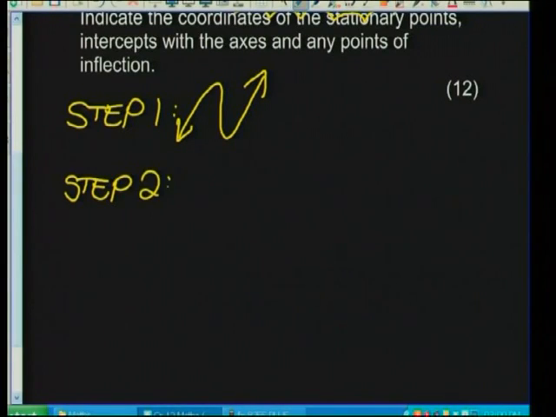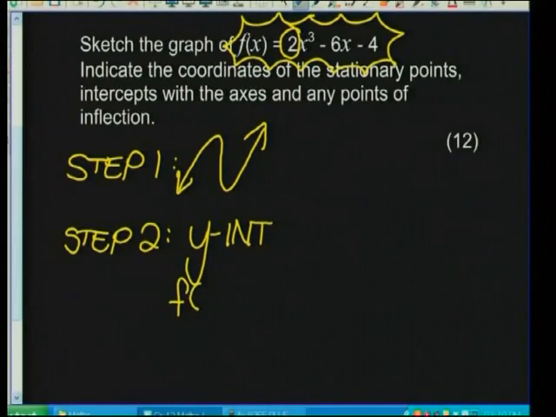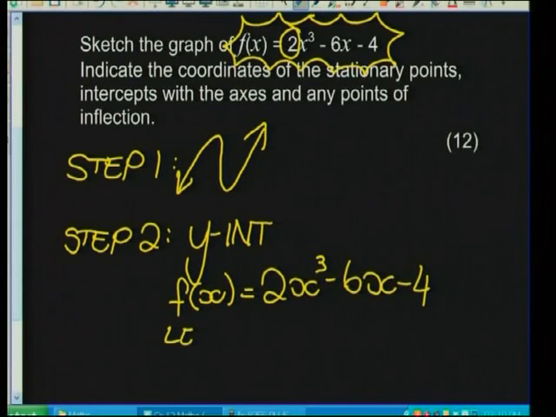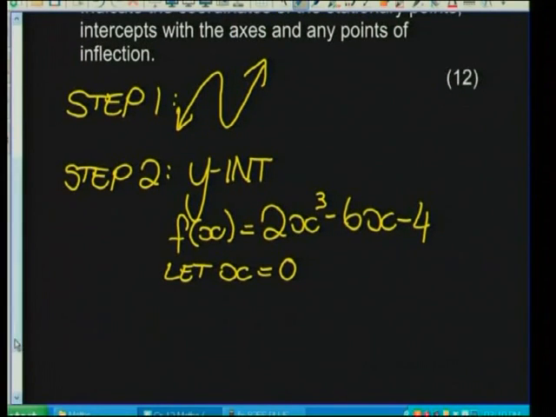Step 2. Let's work out what our y-intercept is. Remember, with any function, when you're working out a y-intercept, we let x equal 0. So if I take my f(x) equation, f(x) = 2x³ − 6x − 4, and we let x equal 0, that's what we do to work out our y-intercept.